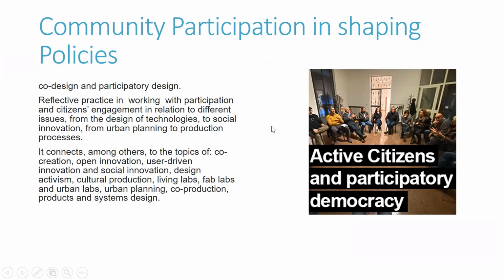It connects, among others, to the topics of co-creation, open innovation, user-driven innovation, social innovation, design activism, cultural production, living labs, fabrication labs and urban planning, co-production of products, and system design.